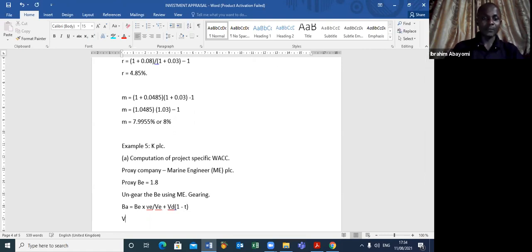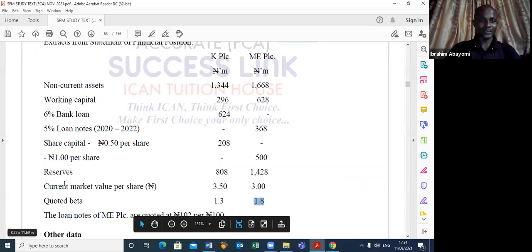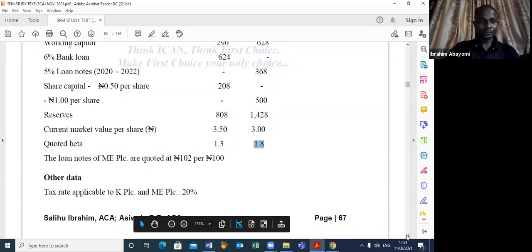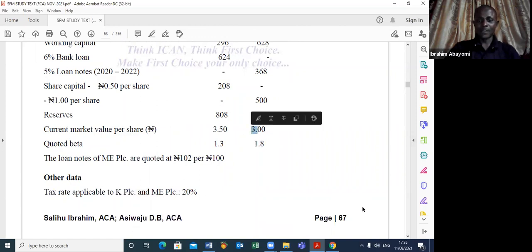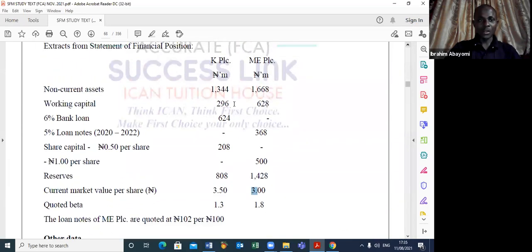What is the market value of equity of MEPSC? I will go to MEPSC and pick the market value of equity. Where do we have that? The current market value per share is 3 naira. How many shares does MEPSC have?